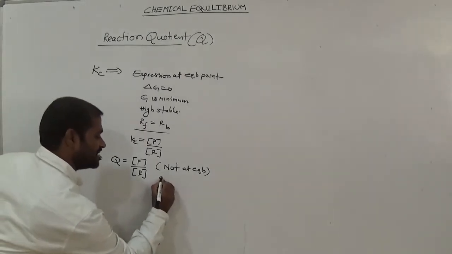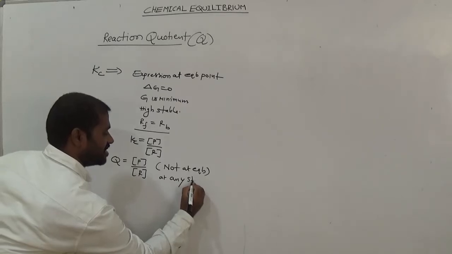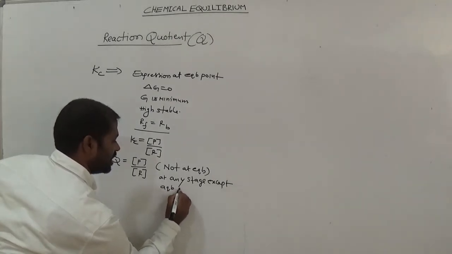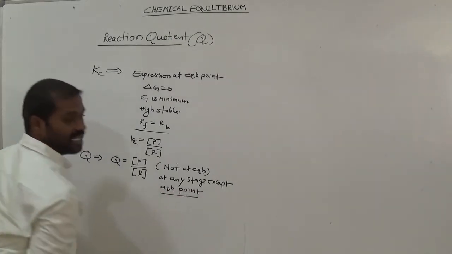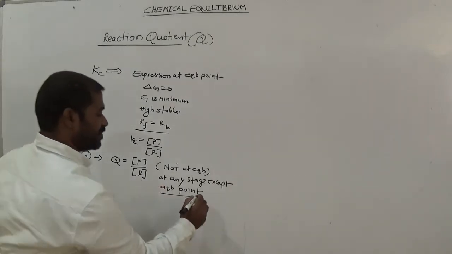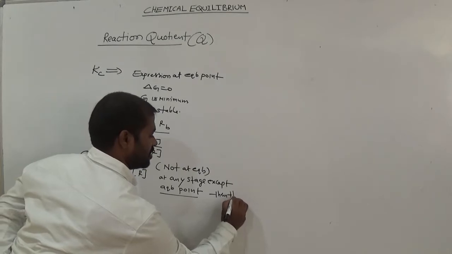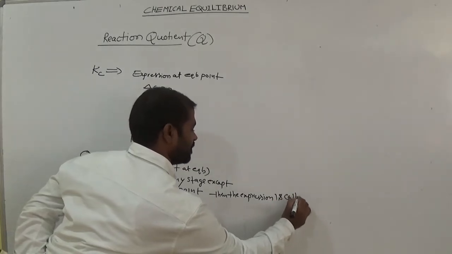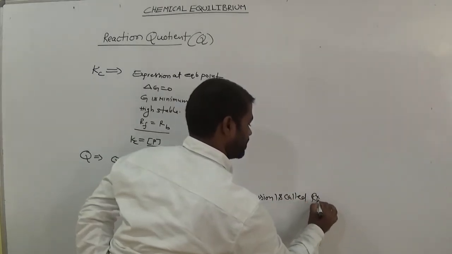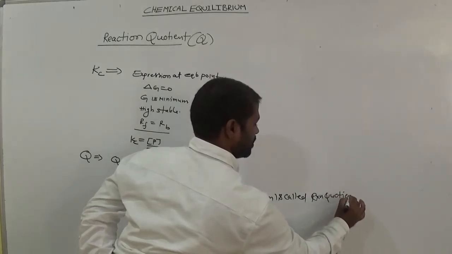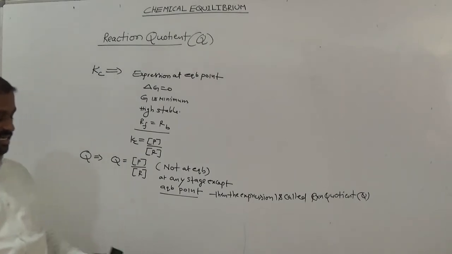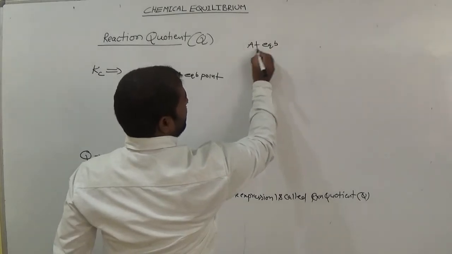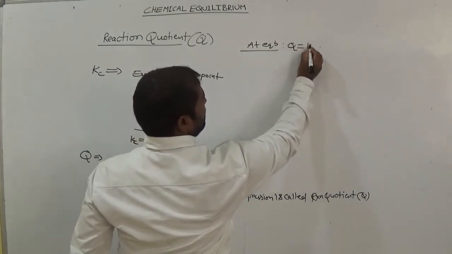At any stage except the equilibrium point, the expression is called the reaction quotient, Q. So at equilibrium, what happened? Exactly at equilibrium, Q becomes Kc.